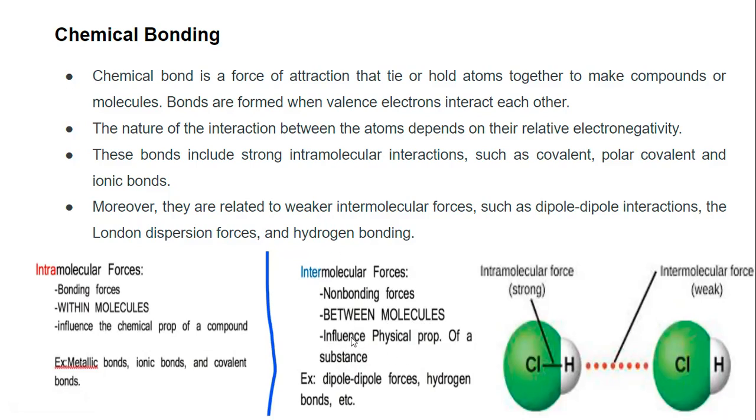The arrangement due to the intermolecular forces describes the physical structure of that substance, molecule, or compound. Intramolecular forces include metallic bonds, ionic bonds, and covalent bonds, whereas examples of intermolecular forces include dipole-dipole forces, hydrogen bonds, etc.